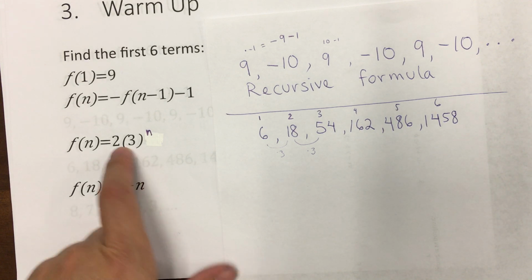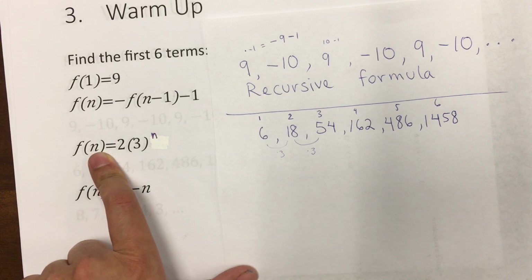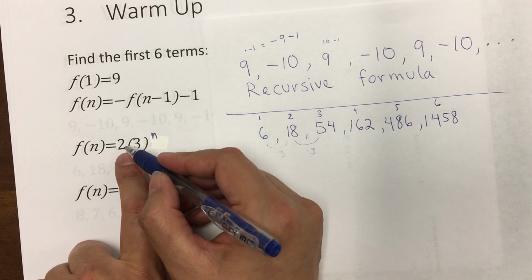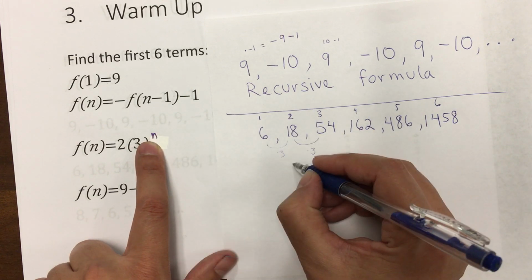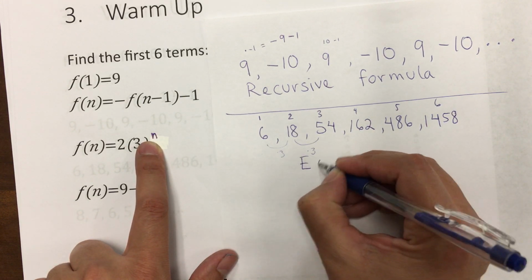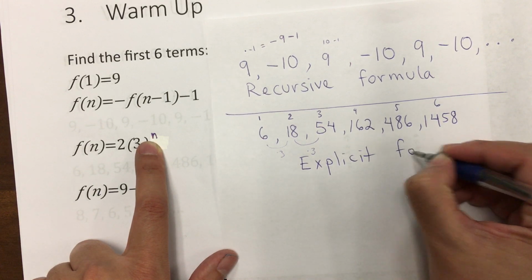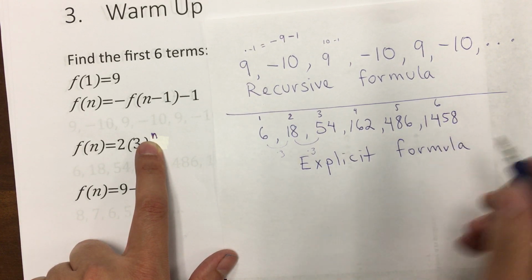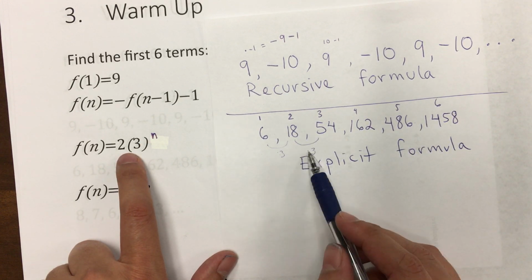And this doesn't have f of 1, so this is definitely not a recursive formula. And it has a multiplication with a power, and the power is an n, so that's going to be an explicit formula. And the type of sequence is geometric because we're multiplying.